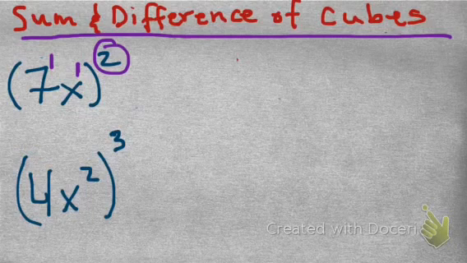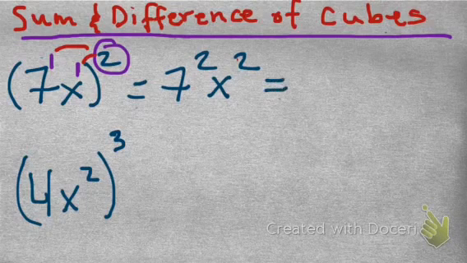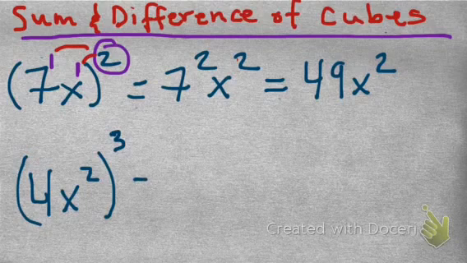So my rule says, okay, multiply the 2 to both of those, and I end up with 7 squared and x squared. And of course, 7 squared just means 7 times 7, so that's 49, and then the x squared. I can do the same thing down here.